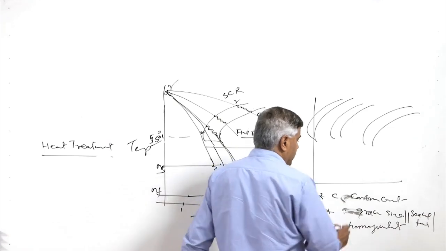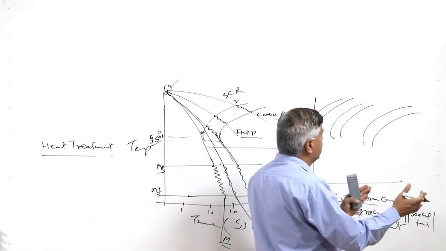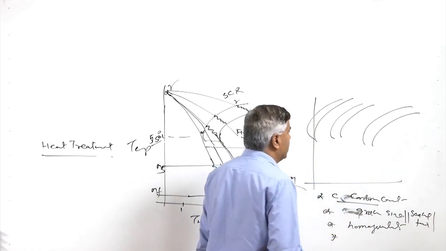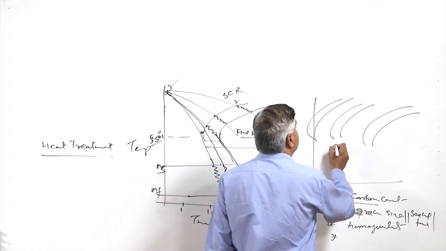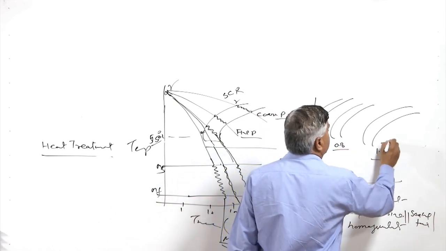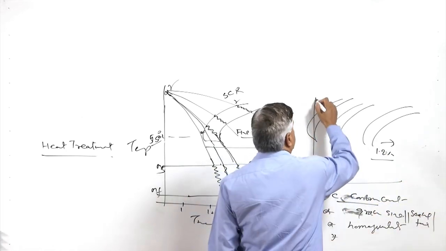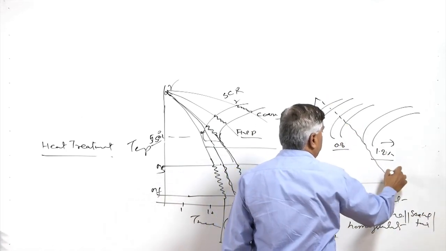If we look at this, carbon content or the alloying concentration is the most significant factor. If this is for 0.8% carbon, then for 1.2% carbon the nose will shift towards the right, which in turn will decrease the critical cooling rate.